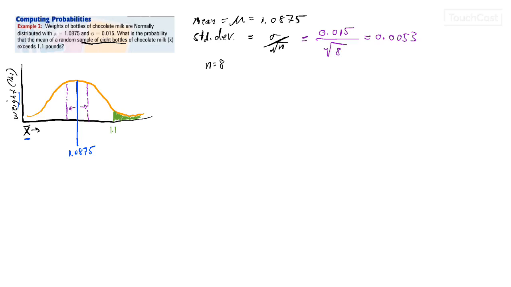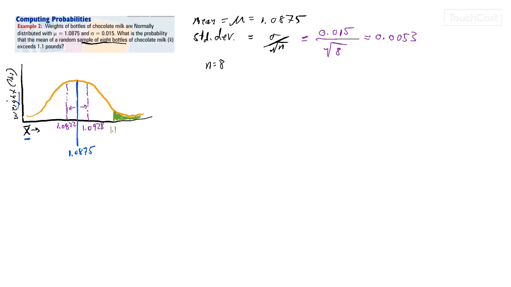By doing this calculation, I should get something like 1.0928 to the right, and to the left I should get 1.0822. So I now know that 1.1 is actually further out than one standard deviation from the mean. So now I need to figure out, well, what's the z-score?